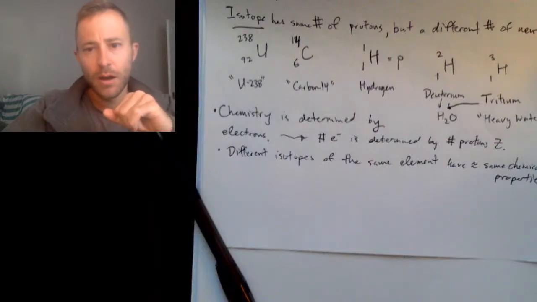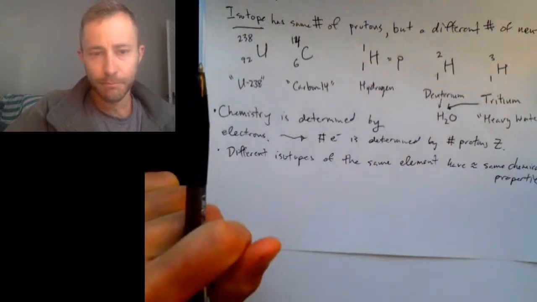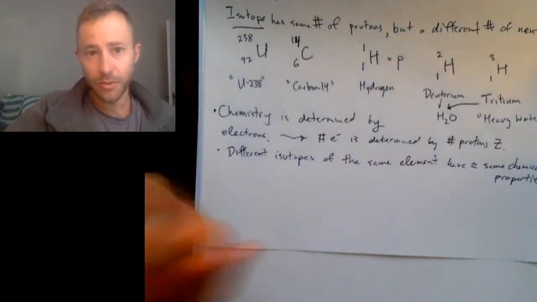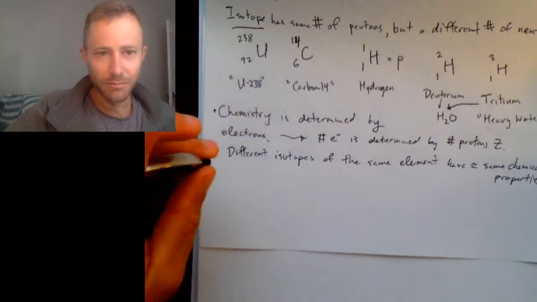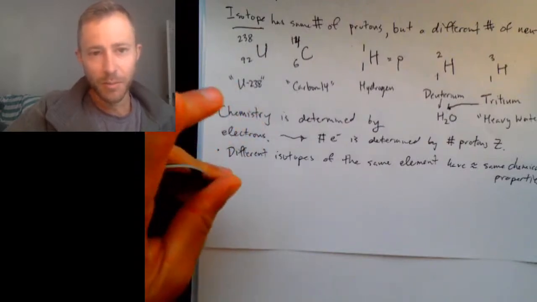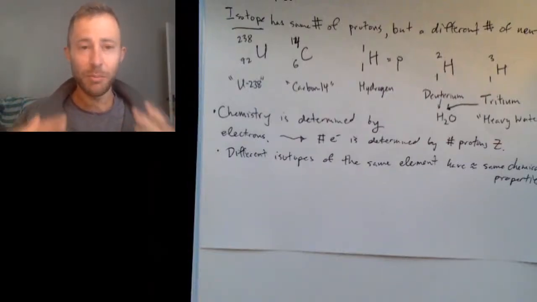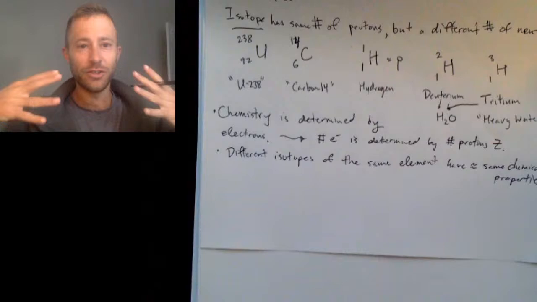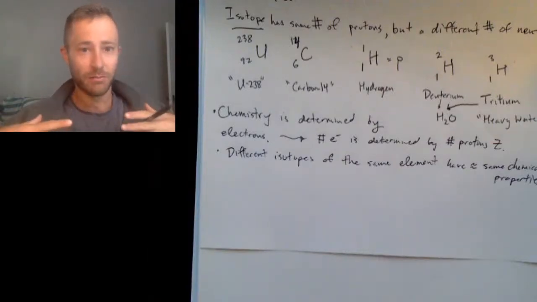Okay, so if you drank a bunch of heavy water, I don't even know how much you have to drink in order to not function anymore, but basically your body is a finely tuned machine. Your body is counting on the energy levels of the electrons in water to be where they are.